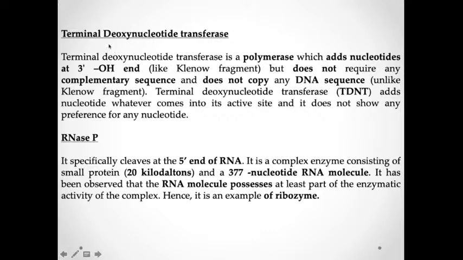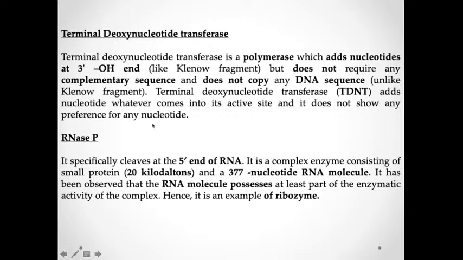Then comes terminal deoxynucleotidyl transferase. These are some other, not so famous but still quite important, enzyme types. The polymerase adds nucleotides at the 3' end, like the Klenow fragment, and does not require any complementary sequence and does not copy any DNA sequence. Whereas terminal deoxynucleotidyl transferase, TdT, adds a nucleotide wherever it comes to its active site.